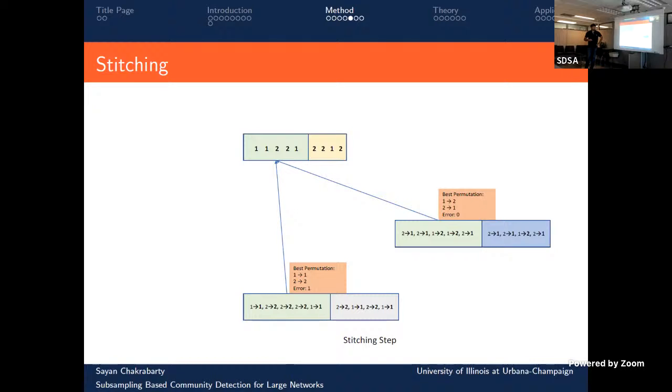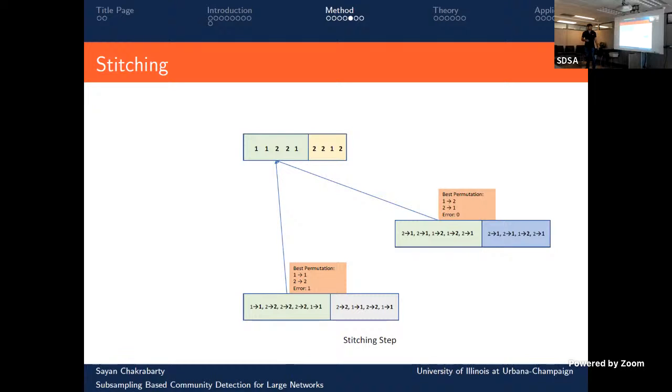And we apply the same flipping rule, or permutation rule, on the non-overlapping part as well. So we change the levels. Similarly, with the third one, we can see that the best permutation is just keeping the levels the same, 1 as 1 and 2 as 2. But in this case, we do not have a perfect match. This is the best permutation, which has an error of 1. The other permutation has a higher error rate. So we keep the same levels.